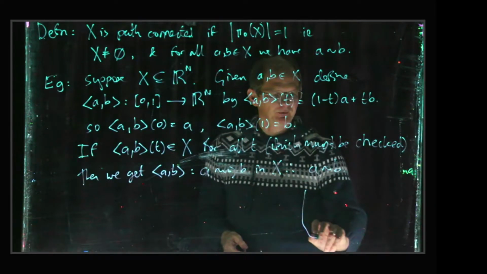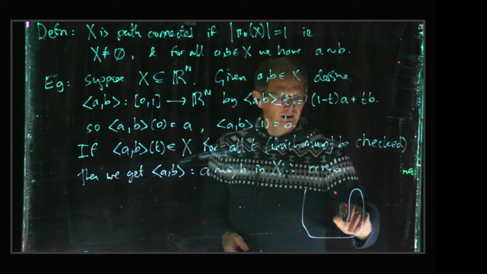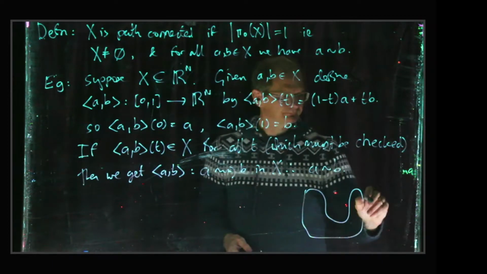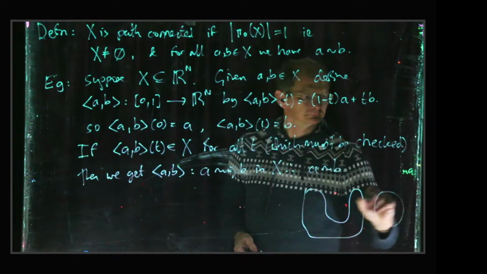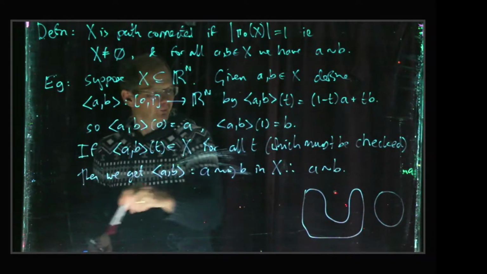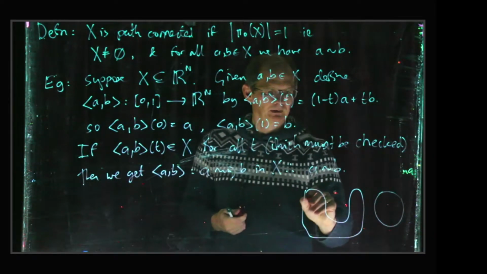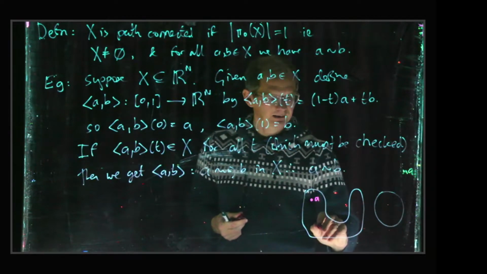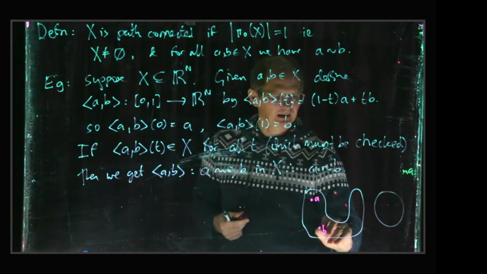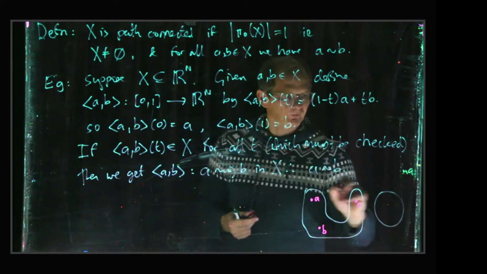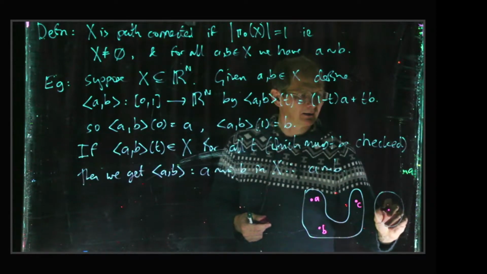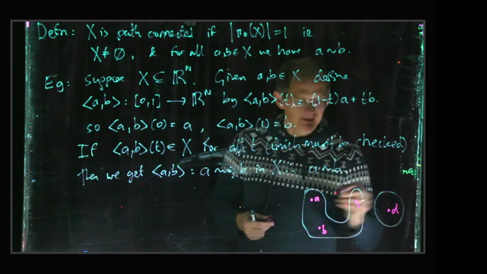So, X could be like this, and then we could have some points here: point A here, point B here, point C here, and point D here.